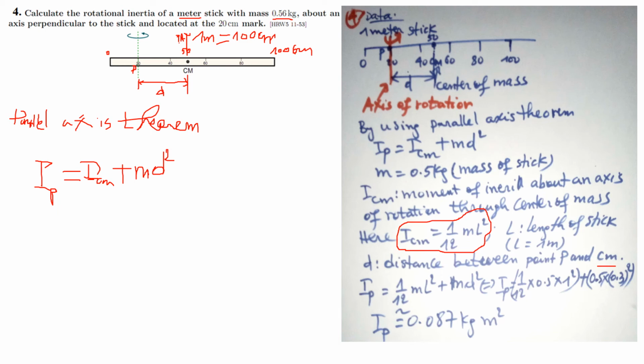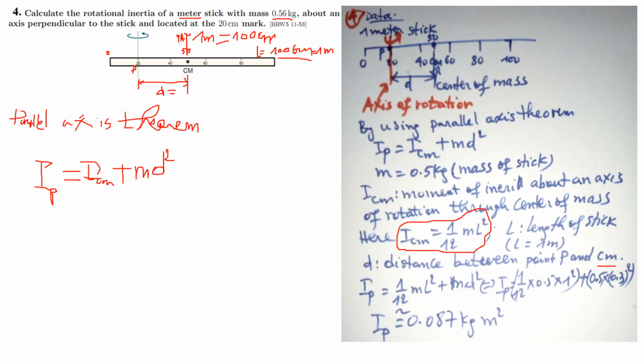And then we have I_P equals 1/12 mass times the square of the length. The length is 100 centimeters, which is equal to 1 meter, plus the product of mass and d squared. D is given to be 30 centimeters.